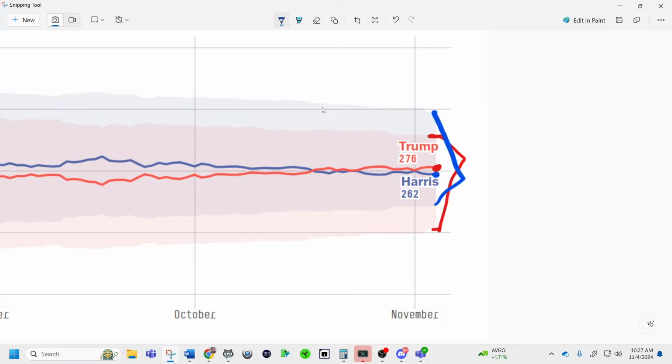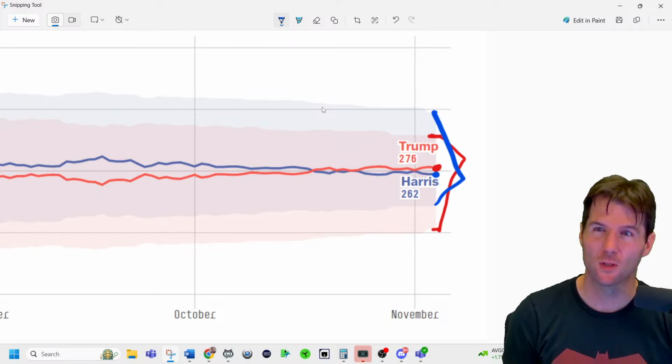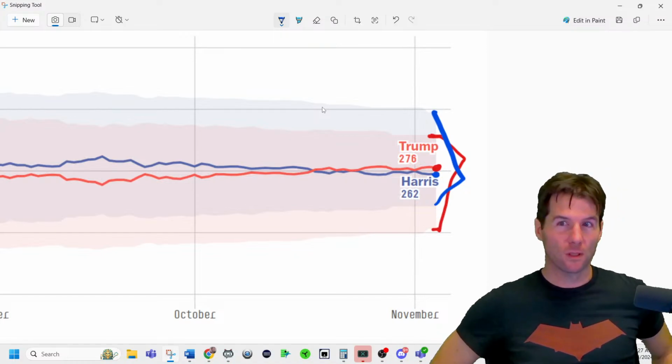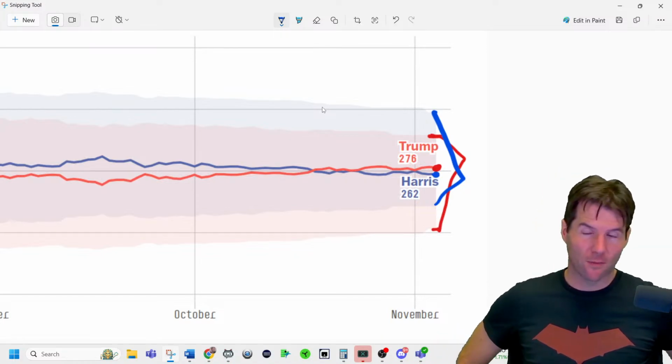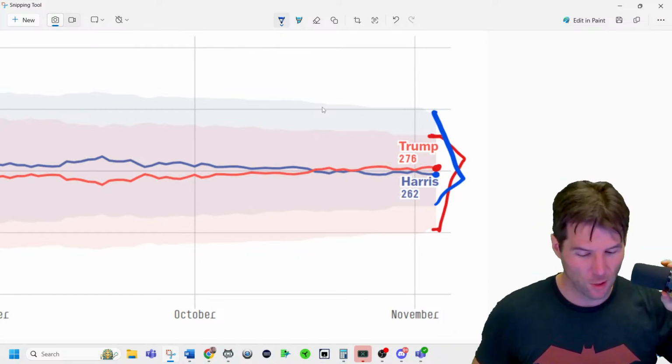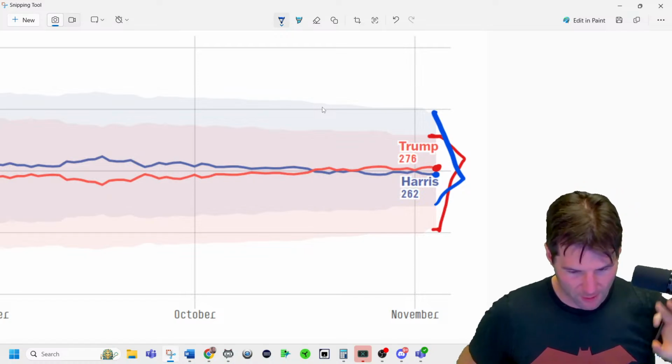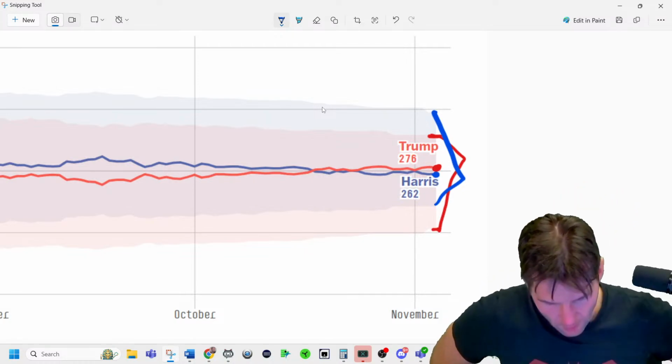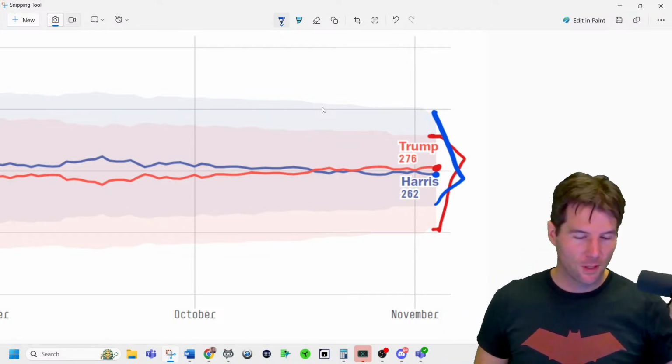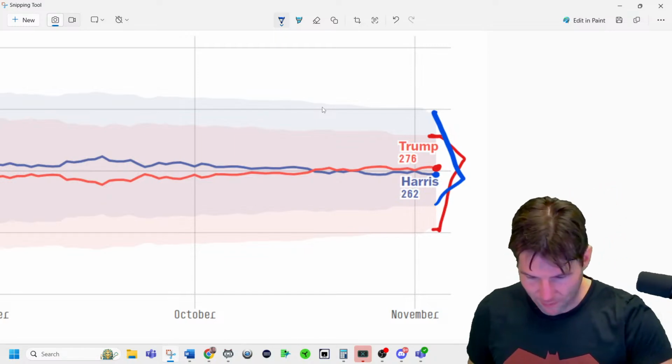Interesting. Data, that's how data do. Just interesting that Harris has a higher bound for the probability of the 95% confidence interval, and Trump has a lower bound, even though the centers of the intervals dictate otherwise. It's just the way data goes.